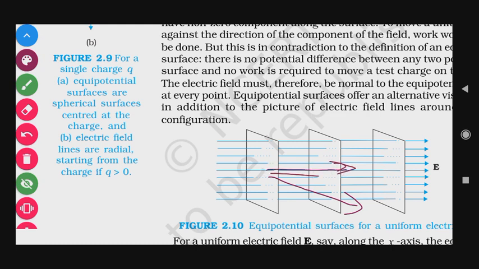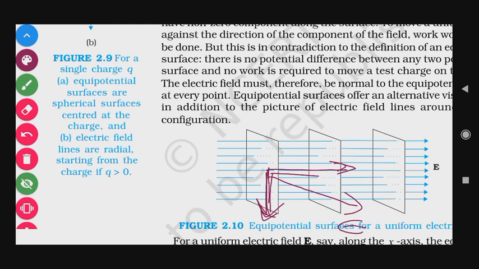Then you can resolve this electric field into two components. It will have a component horizontal to this equipotential surface.